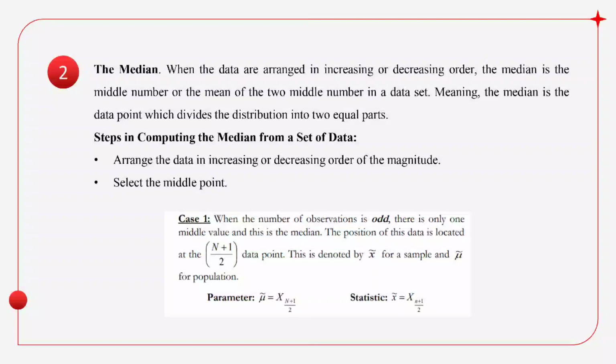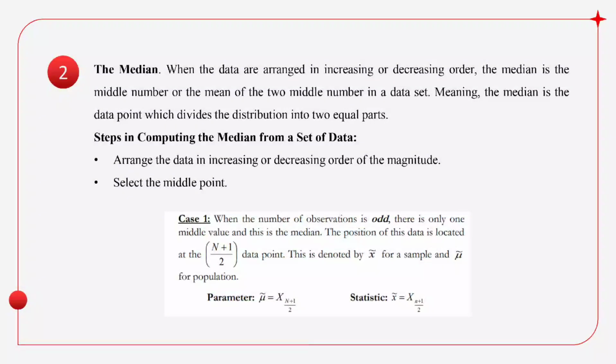So in finding the median of a data set, we have case number 1. When the number of observations is odd, there is only one middle value, and this is the median. The position of this data is located at the n plus 1 divided by 2 data point, and this is denoted by X for a sample and N for a population.